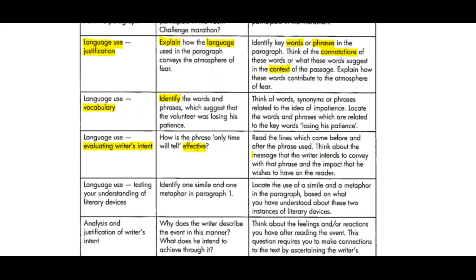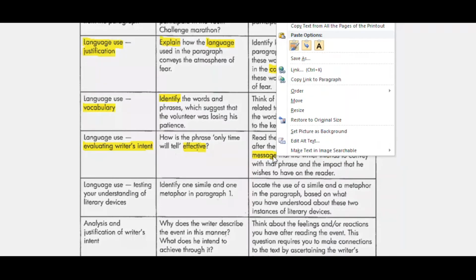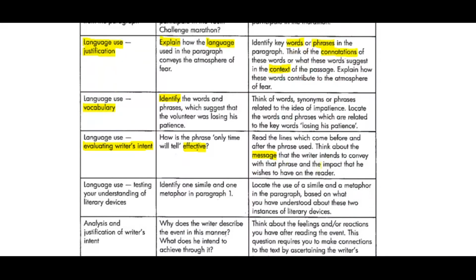So you need to think about the message and talk about the impact of it. You need to find out what is the message, what is the impact, and what is the intention of the writer, all based on the phrase that is given. A lot of the time the phrase itself will not give you the answer.